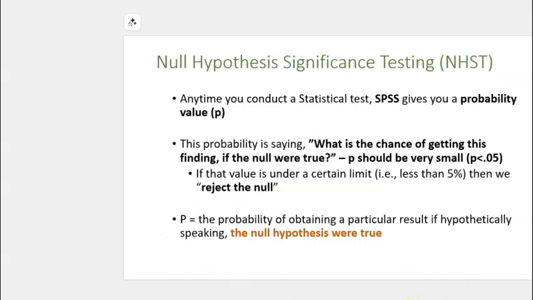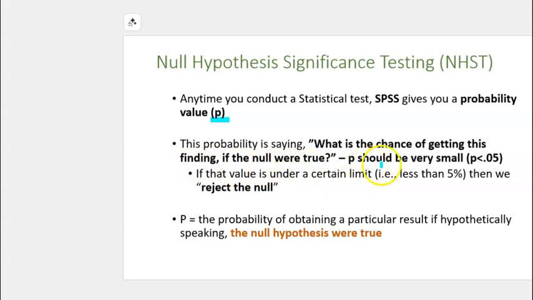Anytime you conduct a statistical test, it gives you a probability, that is a p-value. This allows you to decide to reject or fail to reject. This probability says what is the chance of getting this finding if the null were true.